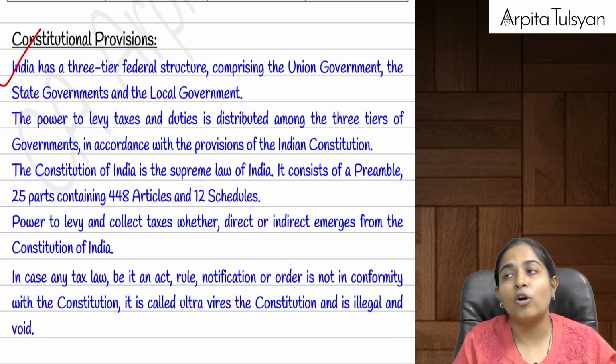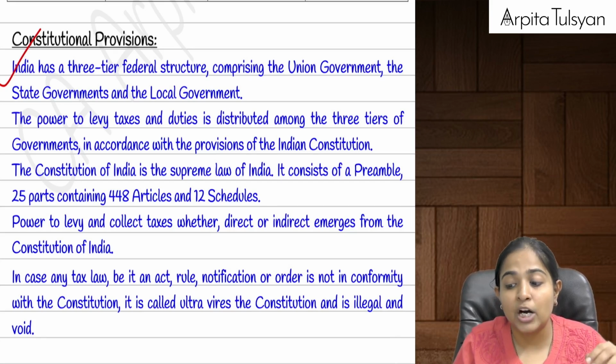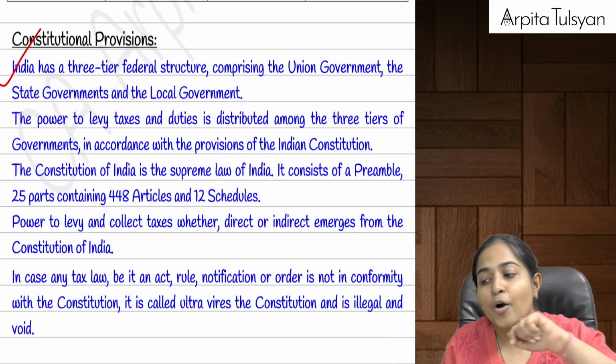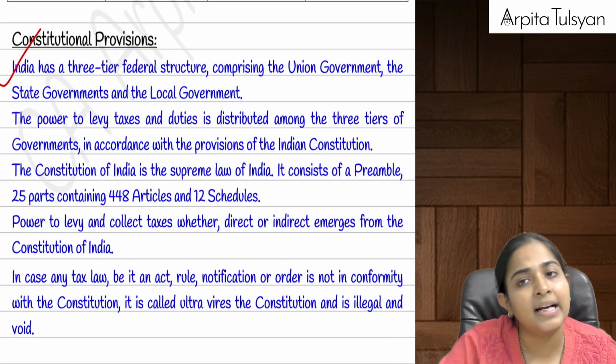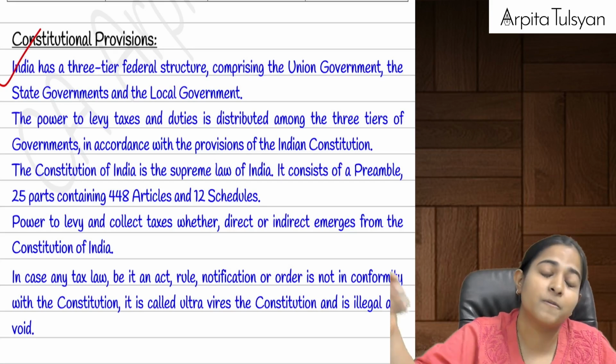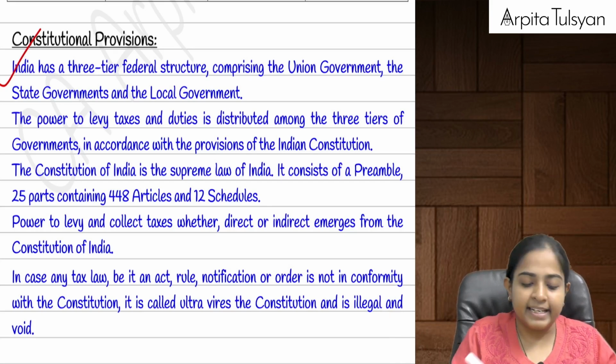The central government has the sole power to collect income taxes. The state government has the power to levy taxes like profession tax, etc. Then the local government collects its local body taxes. So power has been given to each of them to collect taxes as per the Indian constitution.